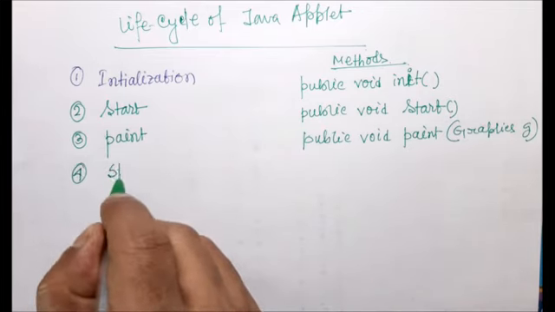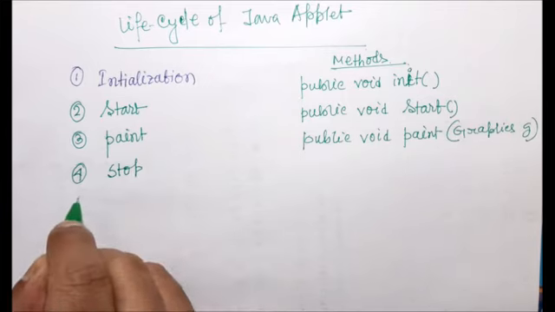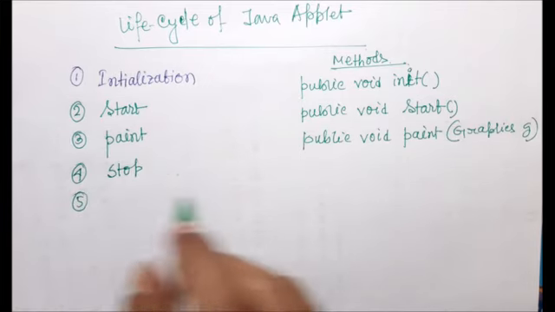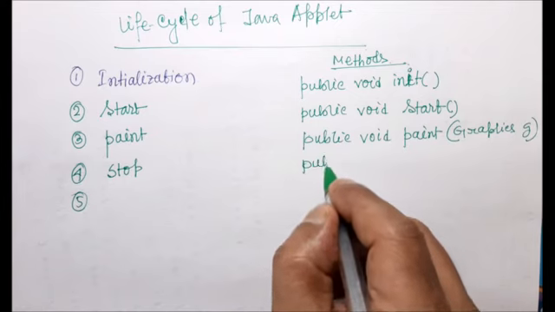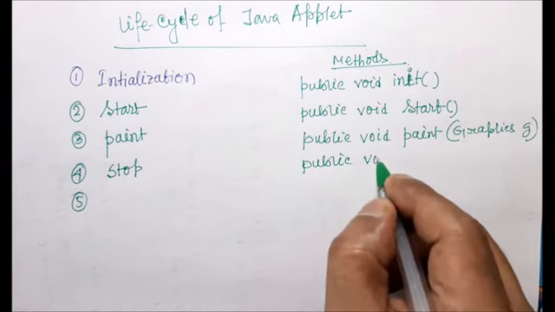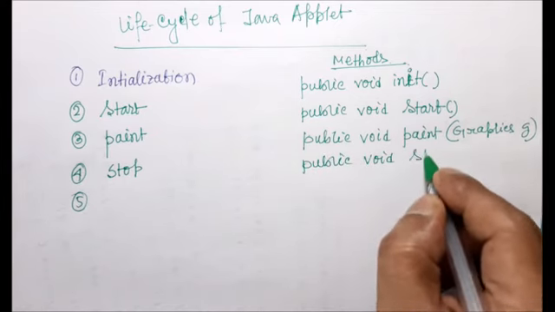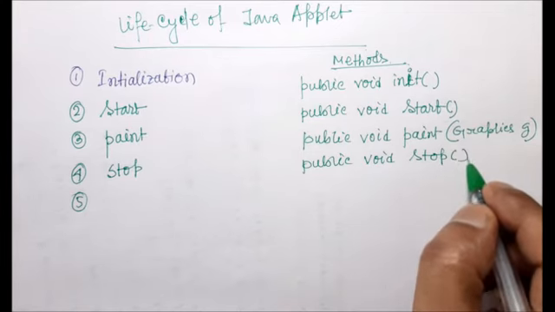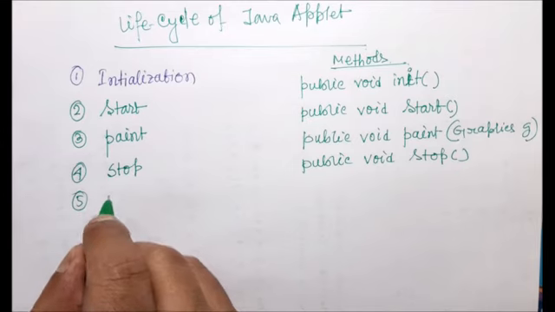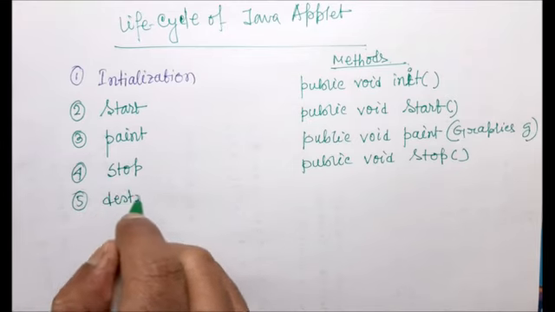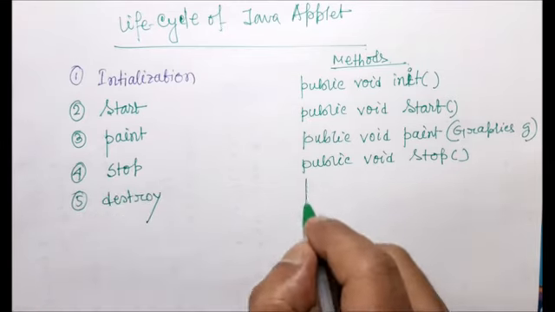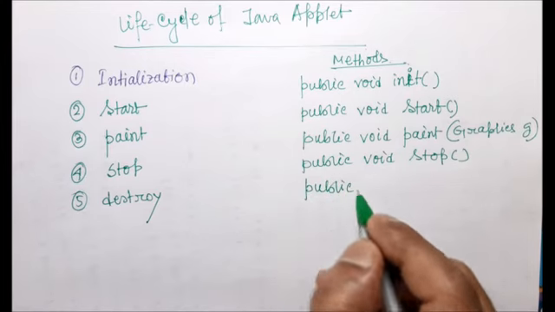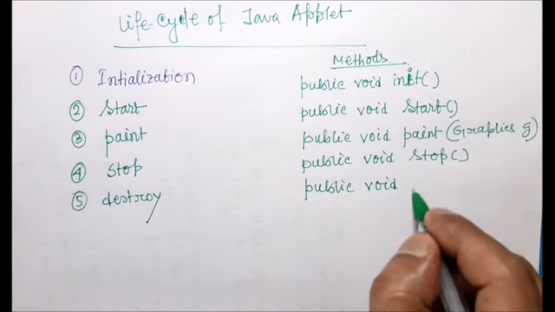So the next one is stop, a method called public void stop. And the last one is destroy, public void destroy.